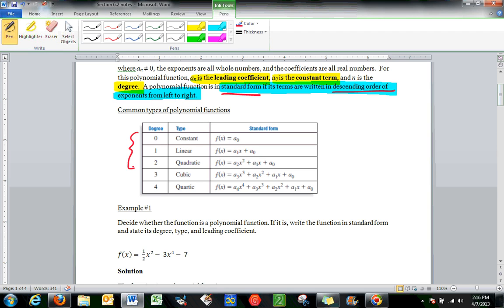And through our exponent properties, we've dealt with polynomials or exponents to the third and fourth degree. So we need to recognize these. We need to know the different types. We need to know how to recognize not only the common type name, but what degree is associated with it, and what it would look like when it's written in standard form. So really, this video is just all about being able to identify the various parts of polynomial functions.